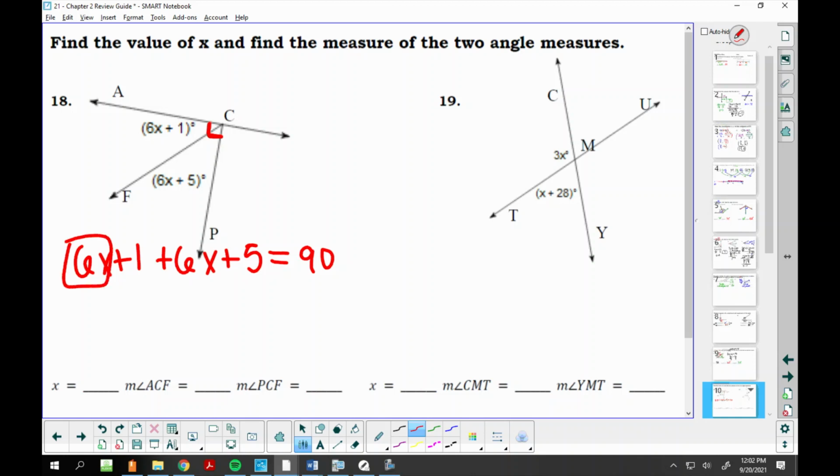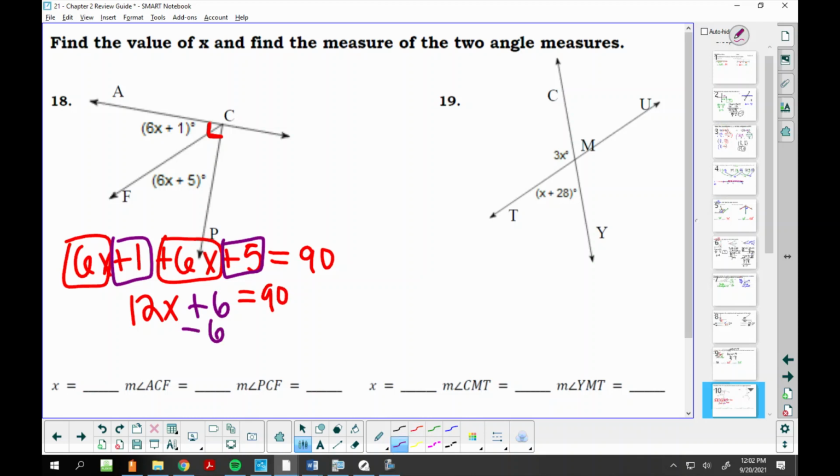We have 6x plus 6 more x's, that's 12 x's. Then we have 1 plus 5 is 6, equals 90. Then we're going to subtract the 6 from both sides, and we get 12x equals 84.